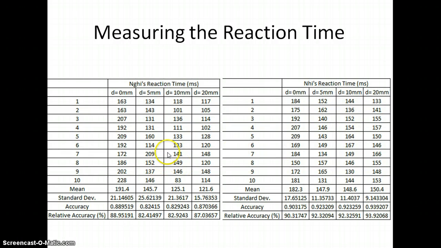So go down to the third and the fourth subject. They also have a case where their reaction times decrease. I mean, they react faster as I change to the better reaction time strip, and the relative accuracy gets better as I use these two, the D equal 10 and D equal 20, rather than using the 0 one or the 5 millimeter one.